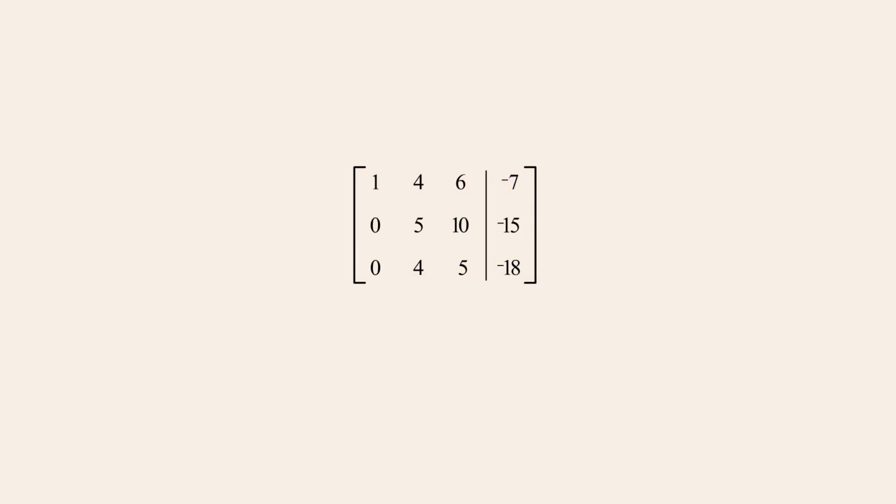Now that all the entries below the 1 in the first column are 0, we move on to the second column. The leading entry of row 2 is now located to the right of the leading entry of row 1, so we need to change this leading entry to 1. This can be accomplished using a scale operation to multiply row 2 by 1/5.